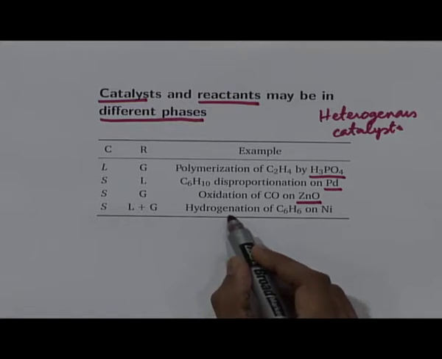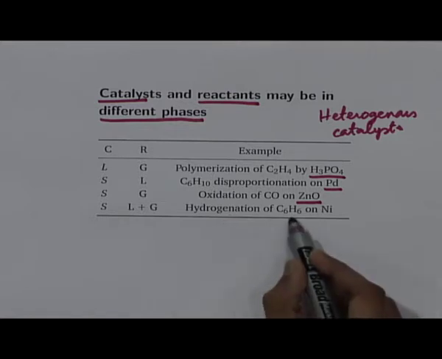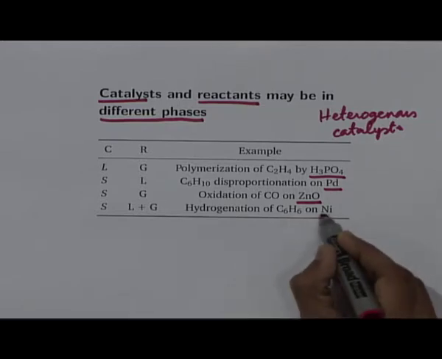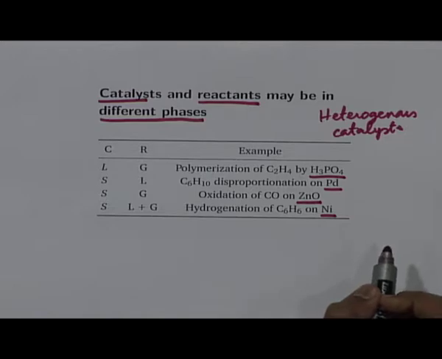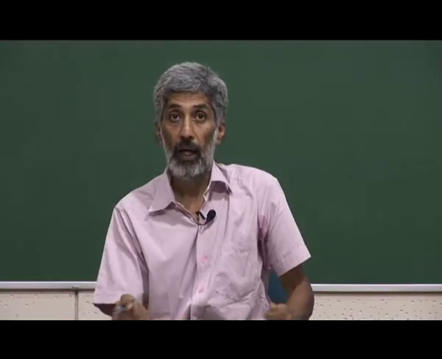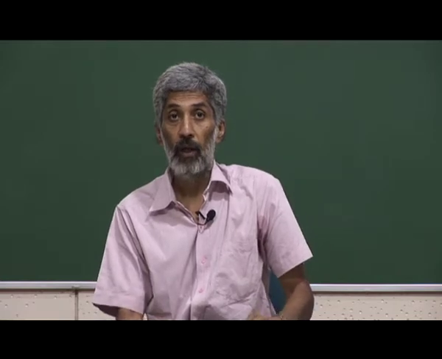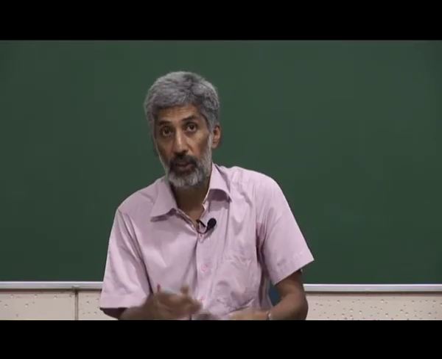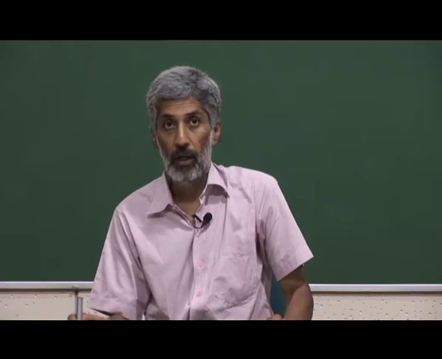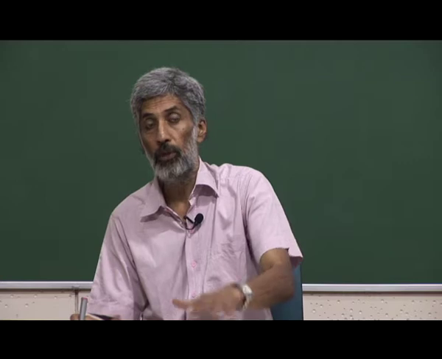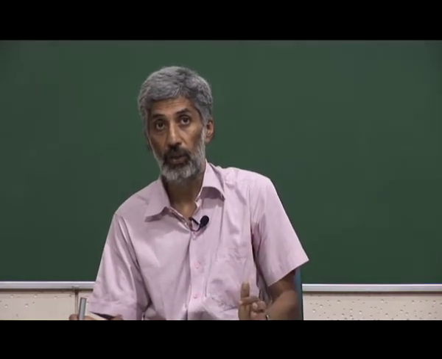So, hydrogen is one reactant, gas phase hydrogen reacting with benzene, which is in the liquid phase in the presence of nickel as a catalyst, is an example of the last kind. So, I have now given you why we need to understand catalysis, and we have also discussed some examples of various kinds of homogeneous and heterogeneous catalysis.